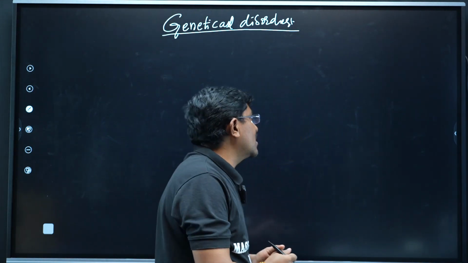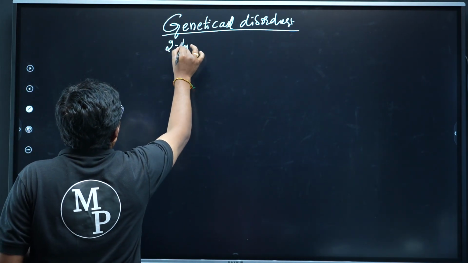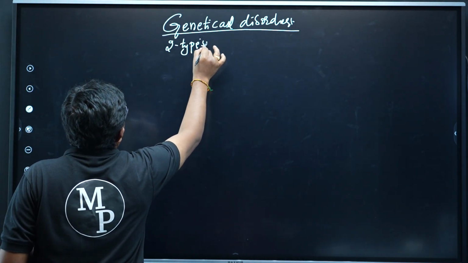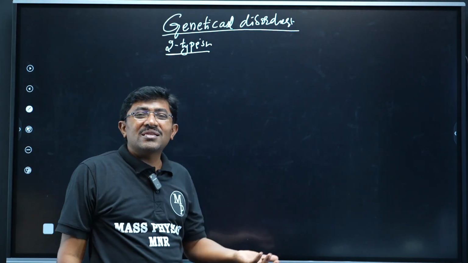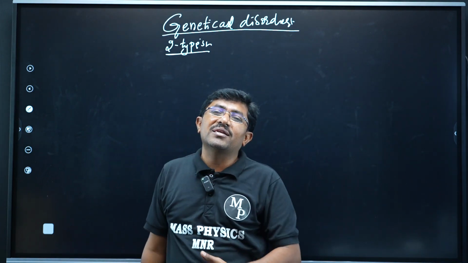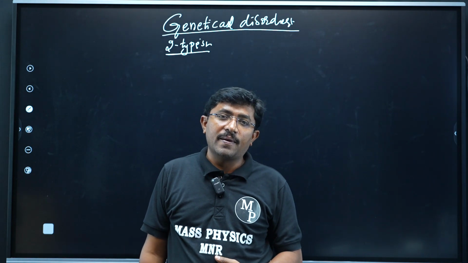Based on this we will discuss that. So the genetical disorders are classified into two types based on what is transferred to the next generation, that is, based on heredity.